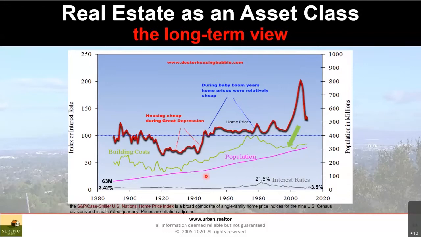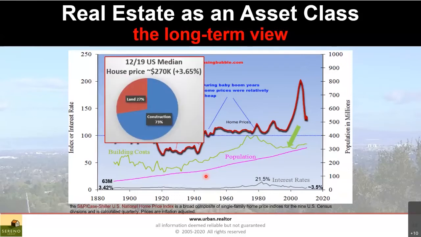We know that Silicon Valley is very expensive compared to maybe areas like Atlanta, Arizona, Tennessee, and so on. And if we look at the end of last year, the US median price was roughly about $270,000, and its appreciation from the previous year was almost 3.7%.